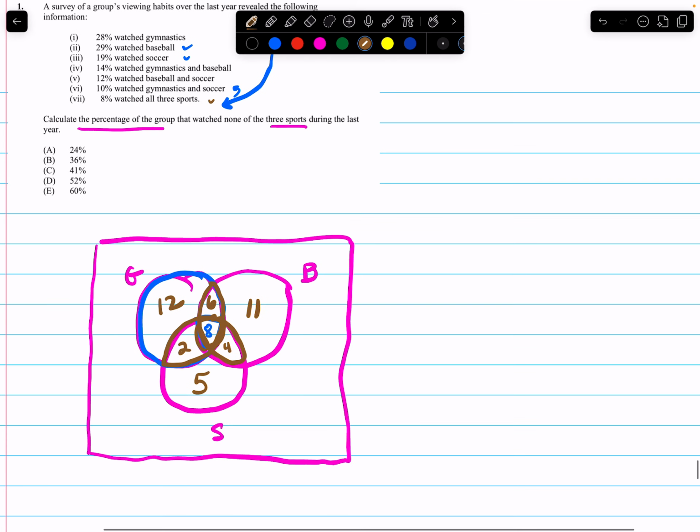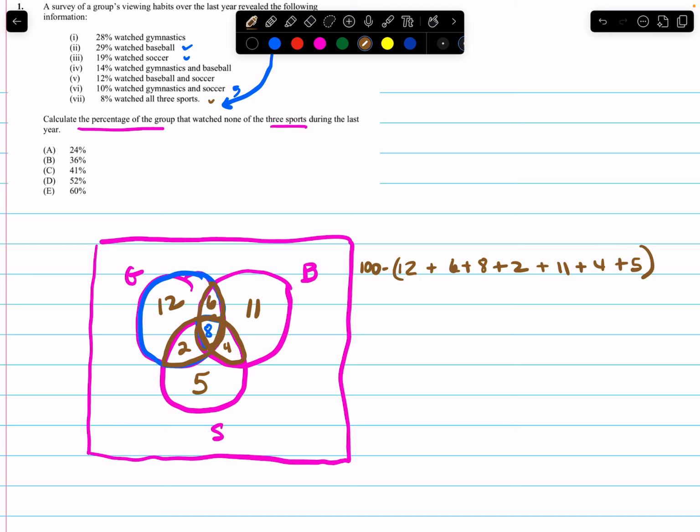So we can add up all the disjoint pieces: 12 plus 6 plus 8 plus 2 plus 11 plus 4 plus 5. That gives us everything in one of those three circles, and we're going to subtract that from 100 to figure out what's outside of the three circles.